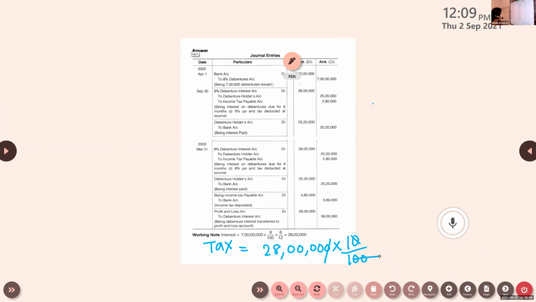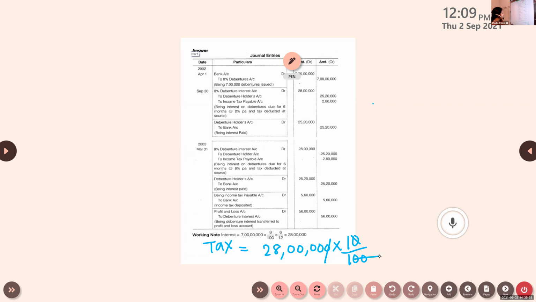Now this payment of interest, we have to show it in the profit and loss account as an expense. It has to be debited in the profit and loss account. How much? 28 lakh plus 28 lakh, 2 times. It is paid. Okay. So 56 lakh.